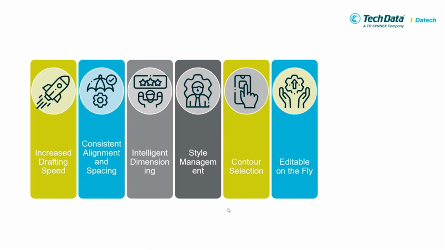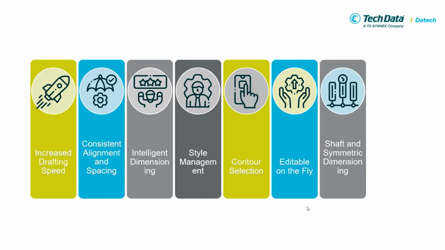The Power Dimensioning dialog appears for each dimension, allowing you to edit text, tolerances, and symbols immediately as you place the cursor on them. Shaft and symmetric dimensioning. Especially the tabs for shaft views and symmetric parts help with dimensioning mechanical components like gears, axles, and turned parts more effectively.